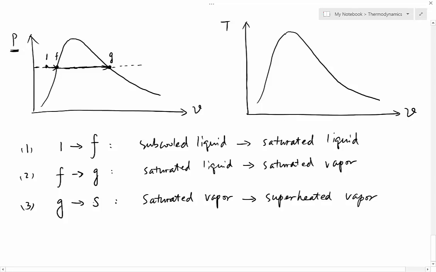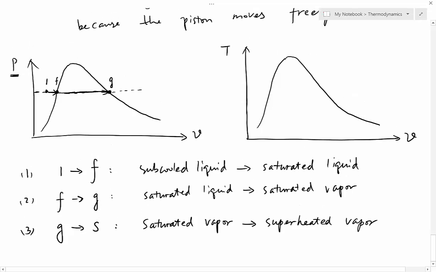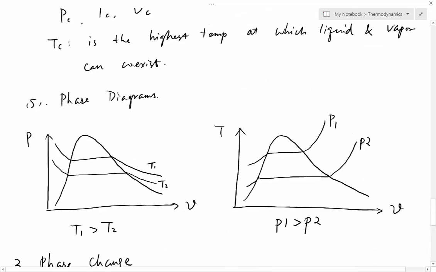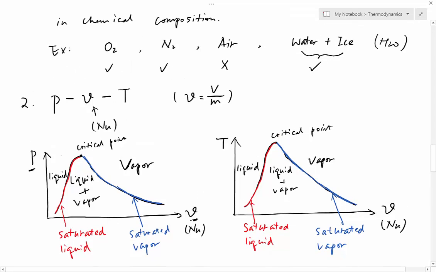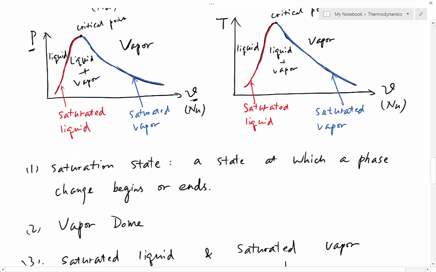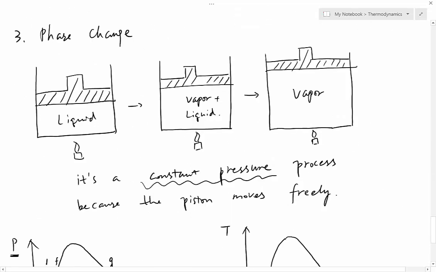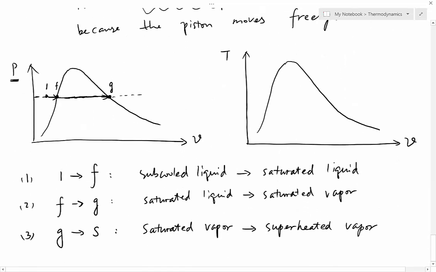Okay, so where's superheated vapor on this P versus nu diagram? If you continue providing energy, providing heat to G point, it's going to become vapor. So what's vapor? Where's vapor on this diagram? If you forgot, let's go back to the P versus nu diagram. Where is vapor on this diagram? To the right side of the vapor dome. So point S must be to the right side of the vapor dome. Must be somewhere here.